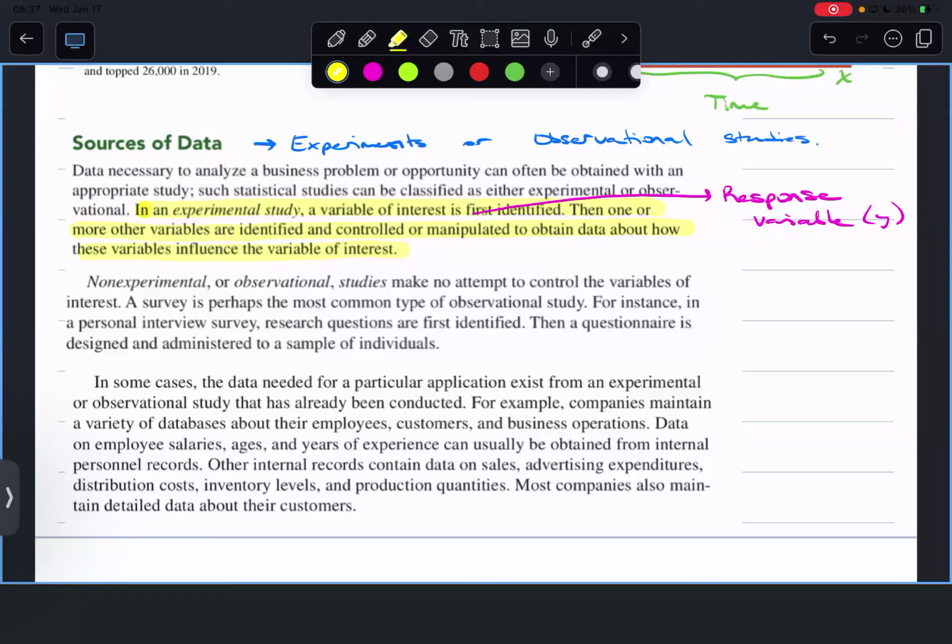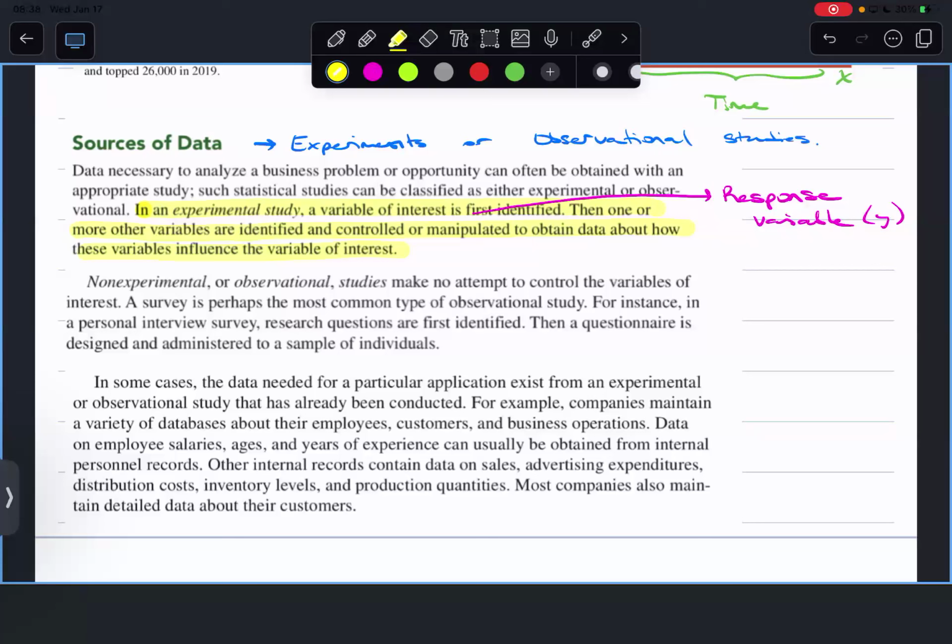From where I come from, we don't do a lot of experiments. A lot of data that we have is just observational data. Things where we just sit back, relax, and observe information. Like we observe how old people are, how tall people are, how fast people are driving.